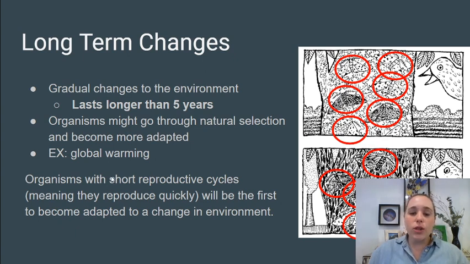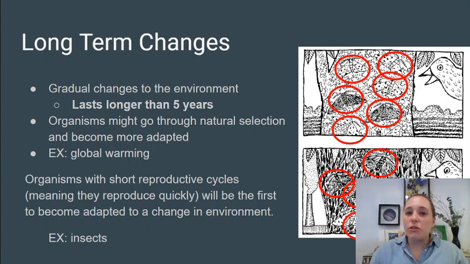Organisms that have shorter reproductive cycles are going to be more successful at becoming adapted to their new environment. So an example would be like insects. Insects have a short time period between when they can have offspring, and it's going to develop a lot faster than, let's say, an elephant.